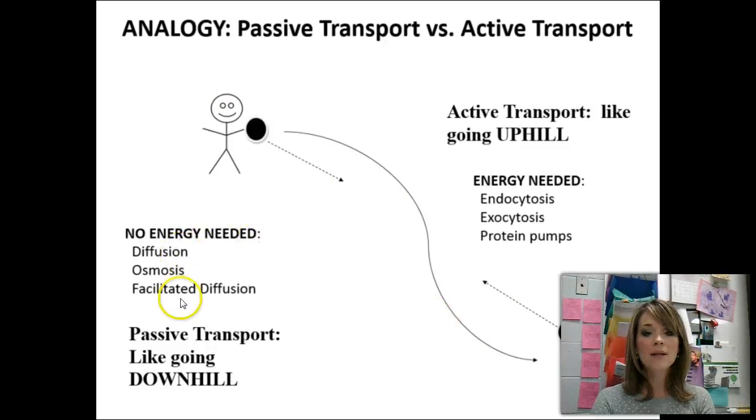The three types of passive transport we talked about in the previous screencast were diffusion, osmosis, and facilitated diffusion. Active transport, on the other hand, is like pushing or rolling a ball uphill. You're going to have to use some energy because it's going in the opposite of its natural direction. And again, today we're going to talk about endo and exocytosis and protein pumps because all three of those processes move things from a low concentration and build it up to a high concentration.